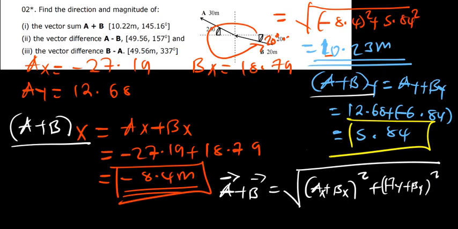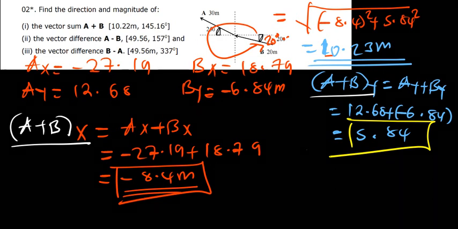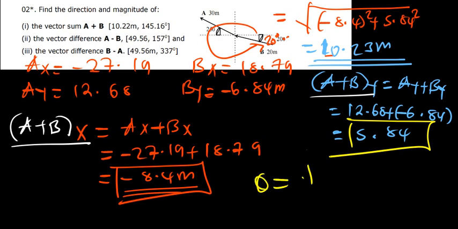Where do we expect our angle to be? Second quadrant. The angle has to be in the second quadrant because the x is negative, the y is positive. So in the second quadrant, after using this formula, the y component is 5.84.